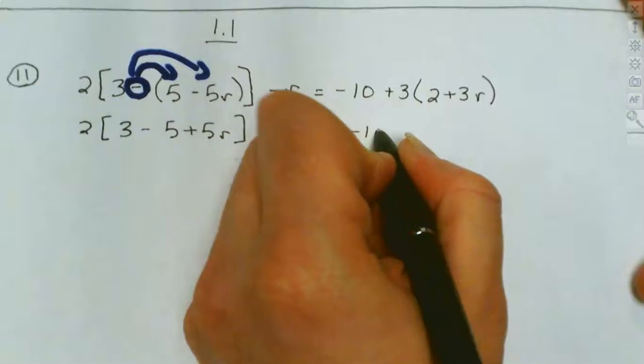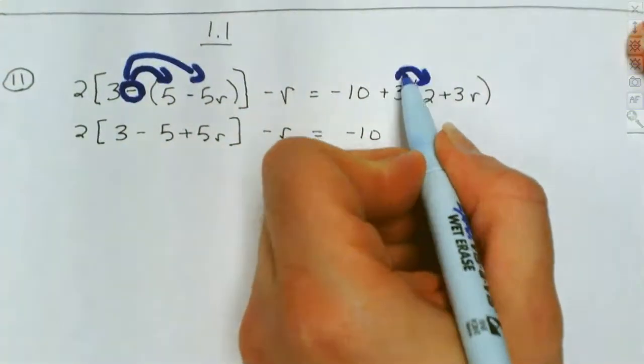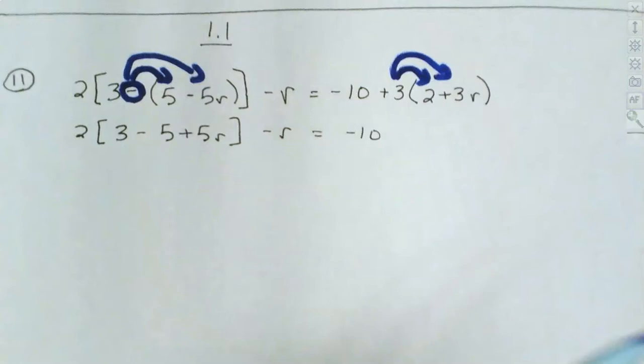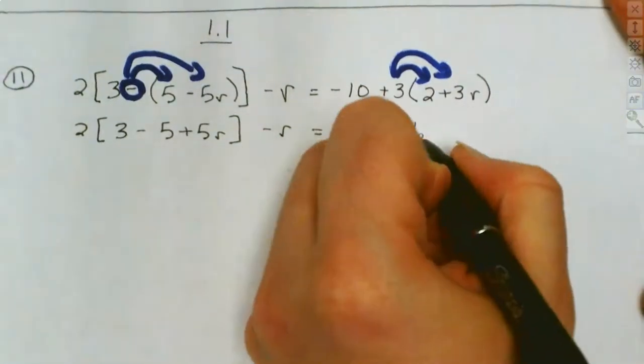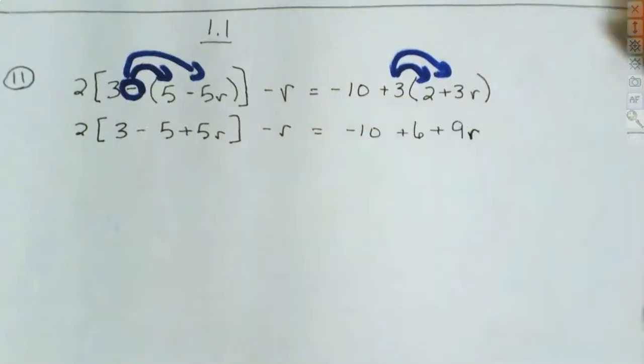On the right, we'll go ahead and clear out those parentheses as well. So we use our distributive property here. And this is what we've got so far. So we just distributed that negative through on the left and distributed that 3 through on the right.